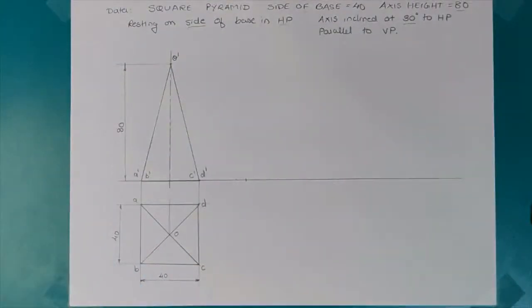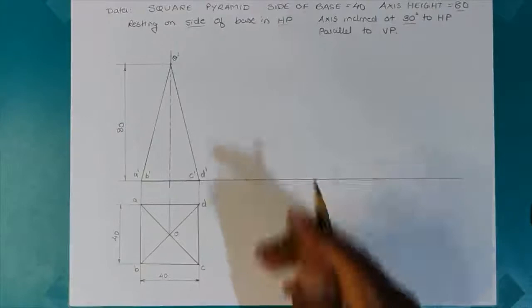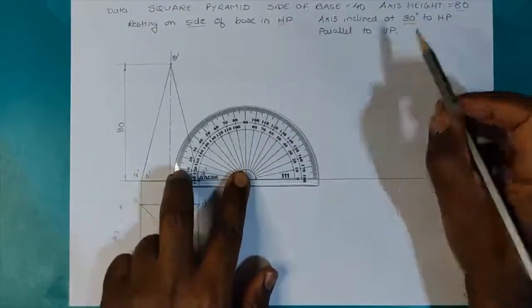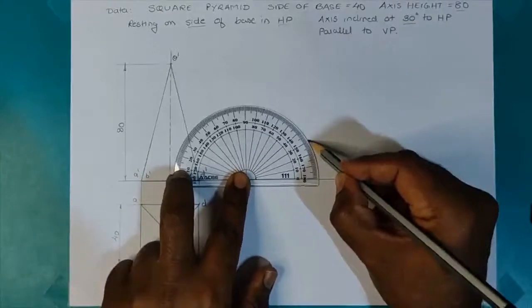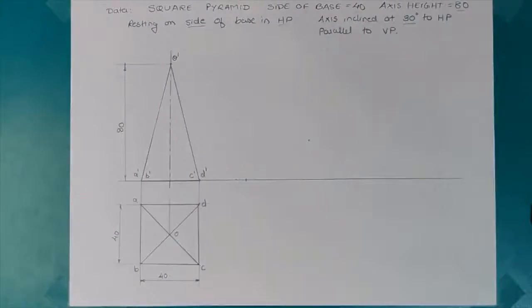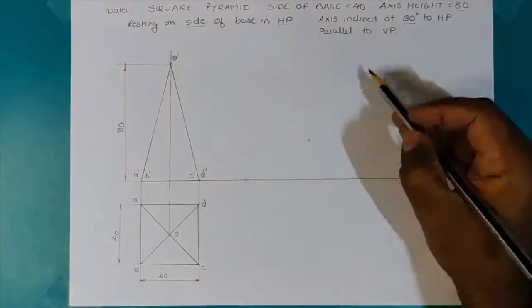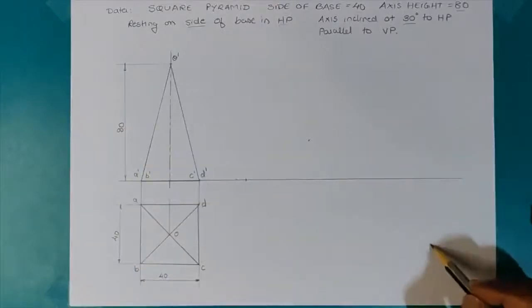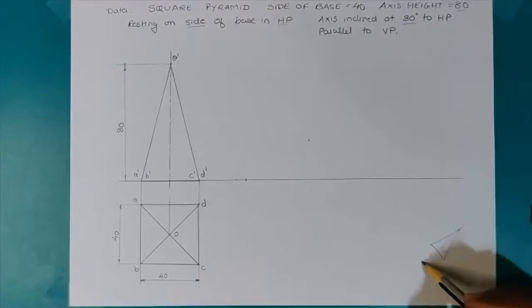The next step, I have to incline the axis of the pyramid at an angle of 30 degrees. But I can't take the angle of 30 degrees directly because I don't know where the corner would rest. So instead, I'll be taking a 60 degree angle. At a suitable distance away, I'll use this construction.